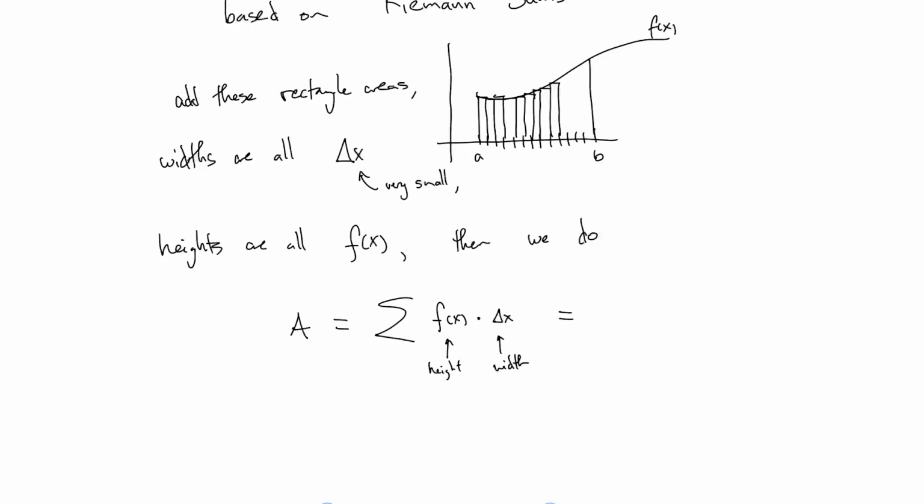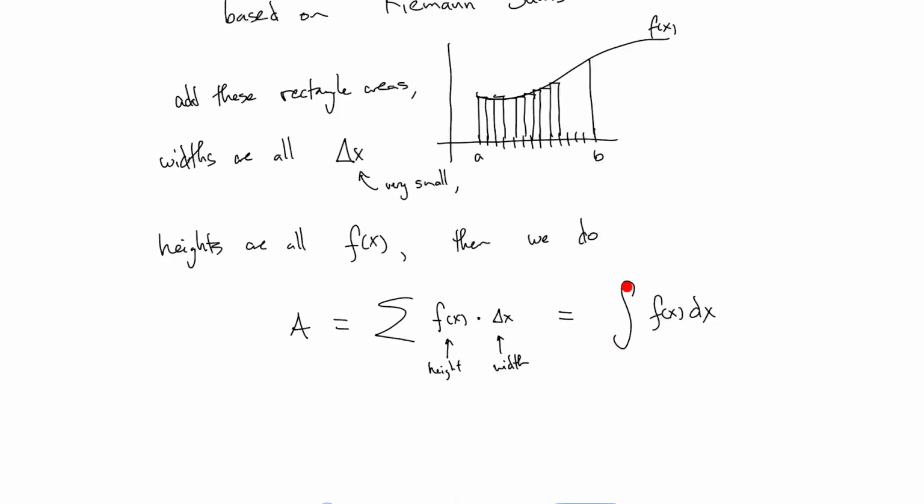And this we write as this weird thing, f of x dx. That's actually why when we write an integral, we write this dx. We imagine this dx somehow is representative of these little widths of all these rectangles. And these rectangles have that height.